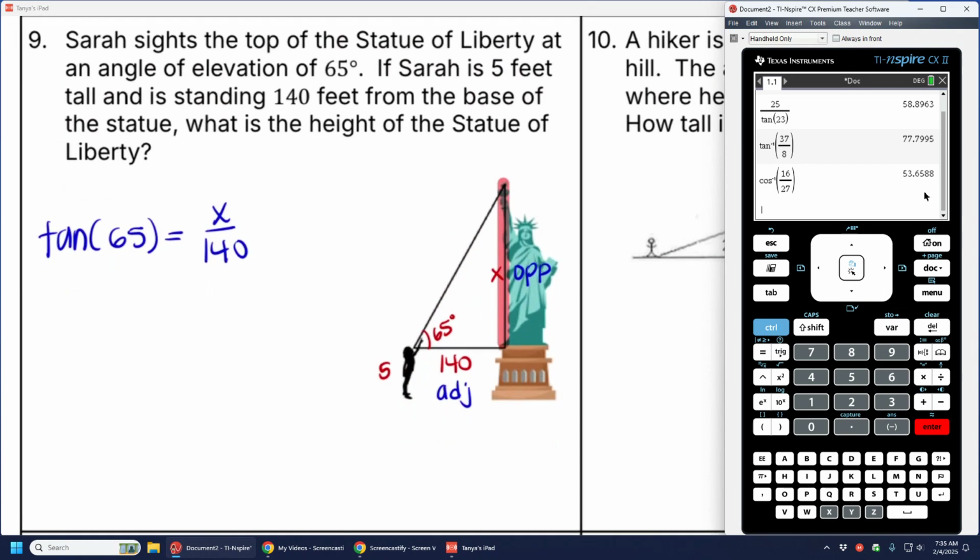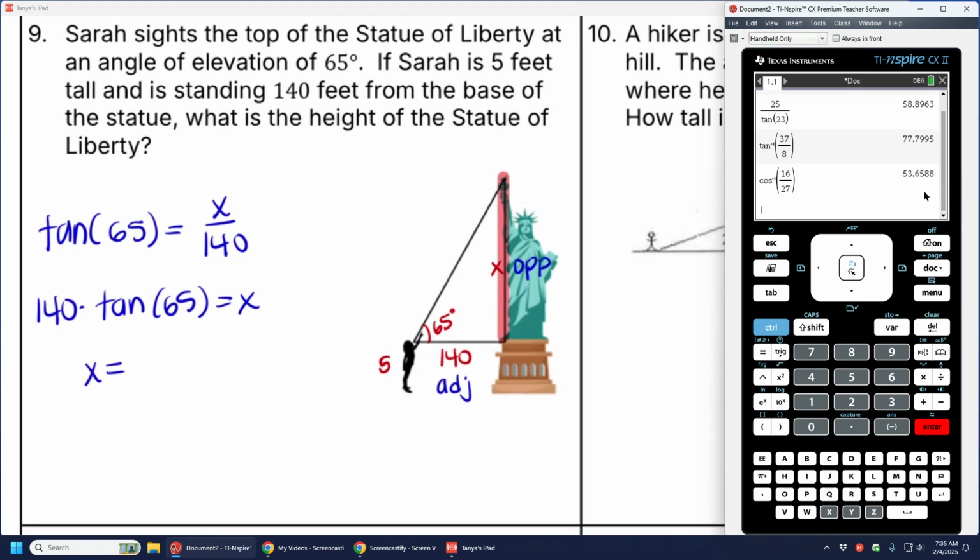Okay, and then we're going to multiply both sides by 140. And let's put that into the calculator. So 300.2.